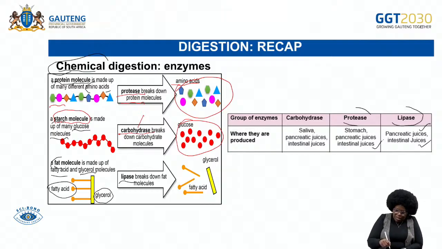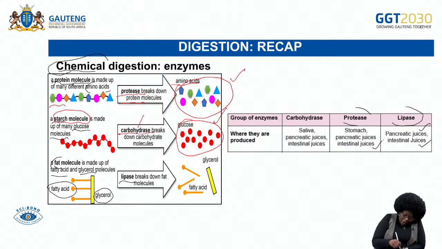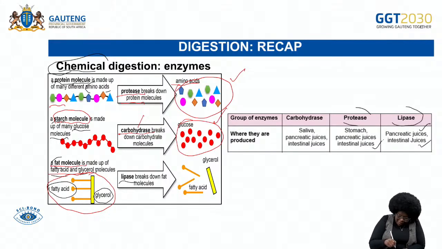Just check this. Can you see the amino acids? They are in a simpler form. Look at glucose. This is now in a simpler form. And our fat molecule, here is our fat molecule, right, which is made up of fatty acids and glycerol. But look, check this out. This is like one complex structure. And lipase as an example breaks down the fat molecule, and when it is broken down, can you see now the end product?